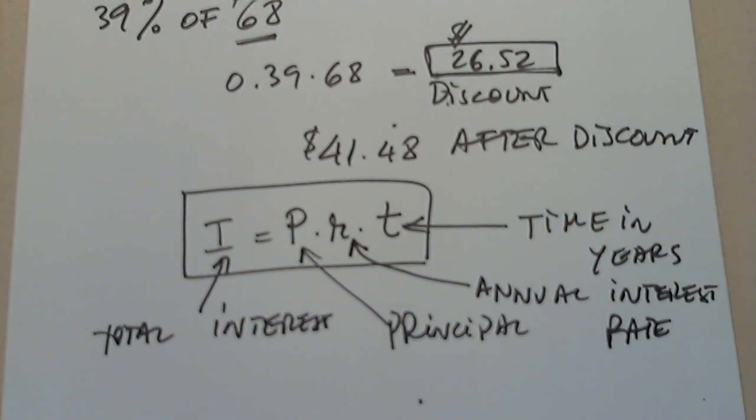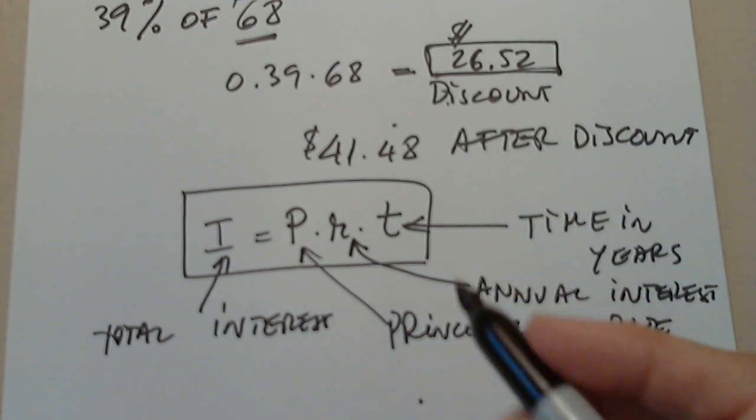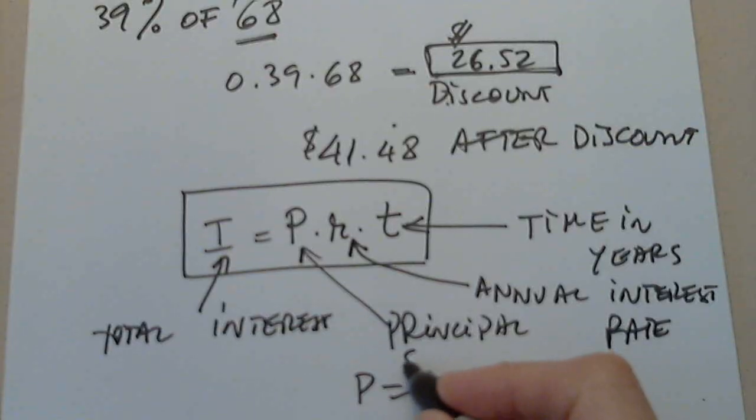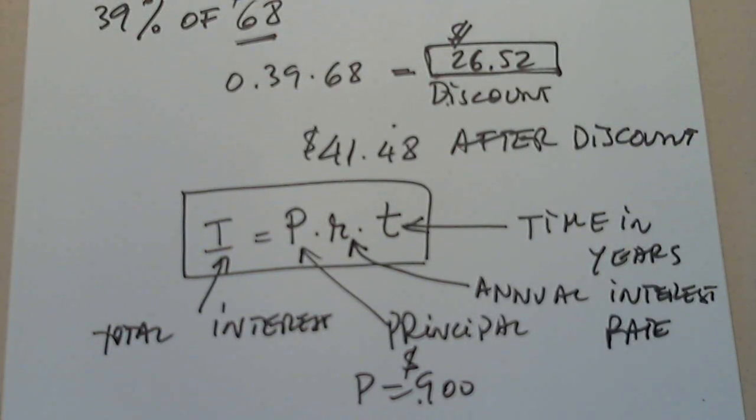So coming back to the problem, good. He invested $900, so then the principal is $900. Simple interest for 4 years.